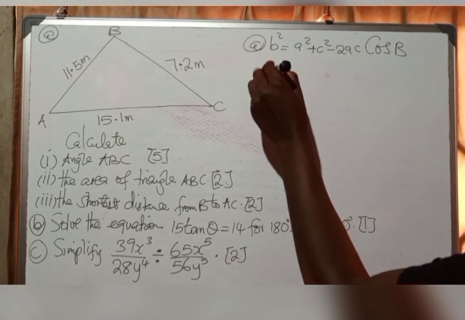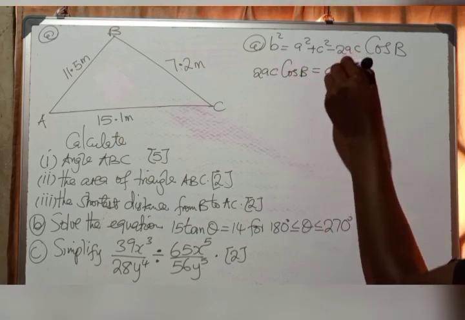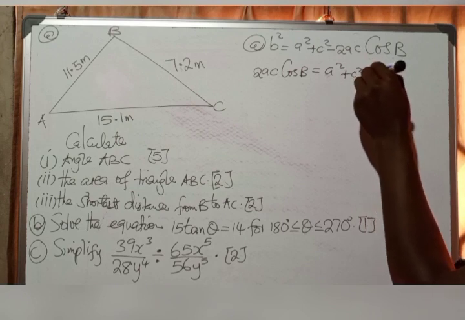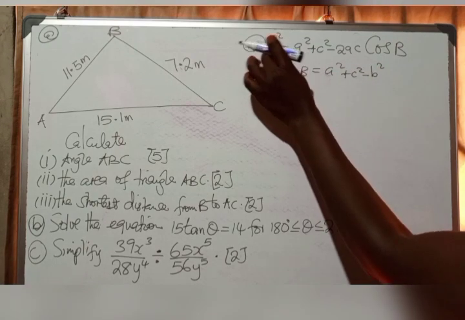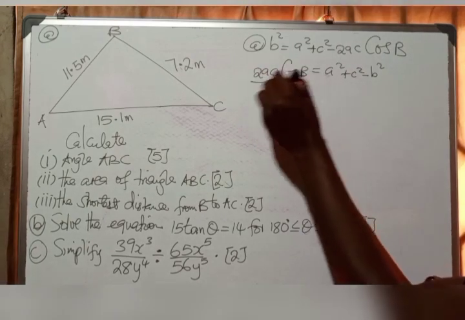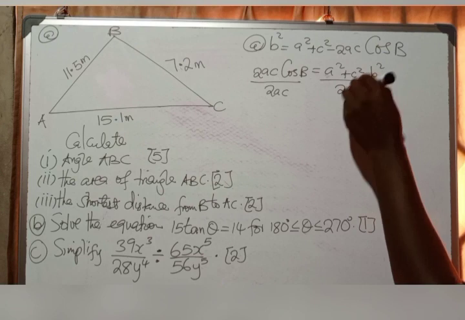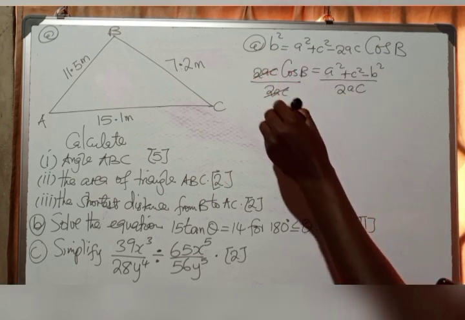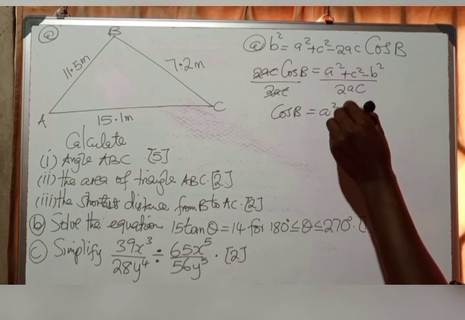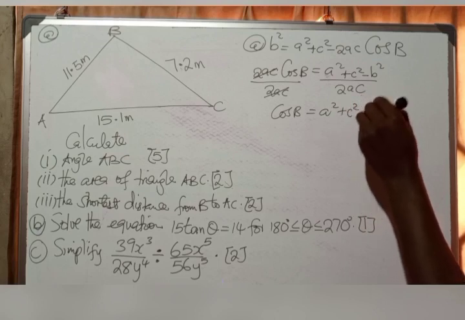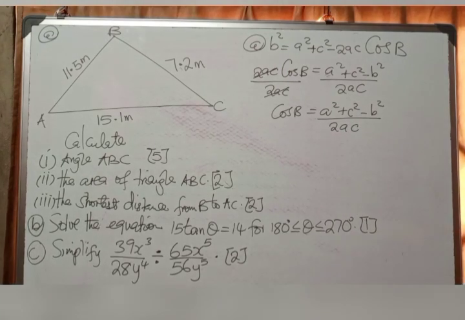We have 2ac cos B is equal to a squared plus c squared minus b squared. Then we divide by 2ac. So we have cos B is equal to a squared plus c squared minus b squared, everything over 2ac.